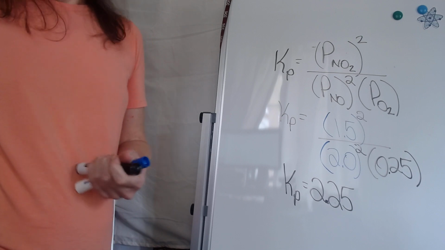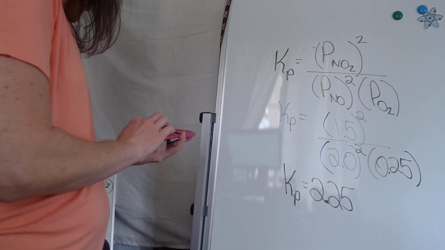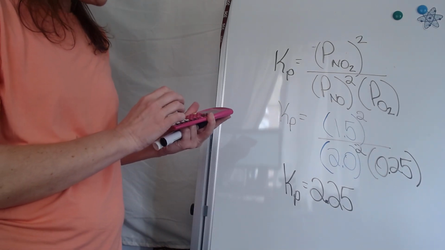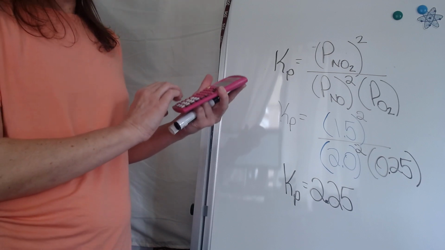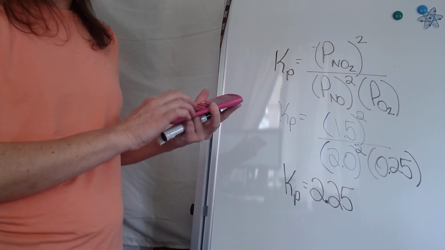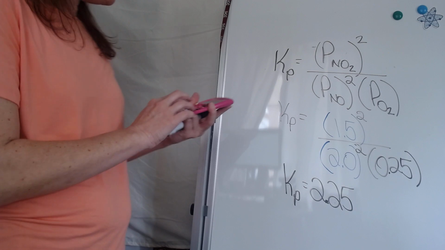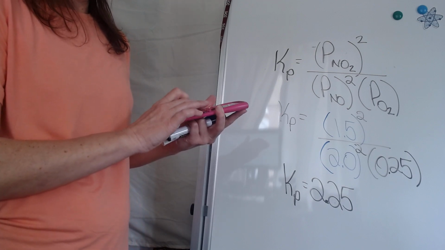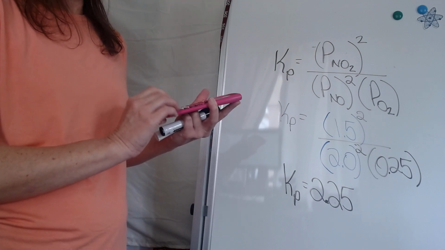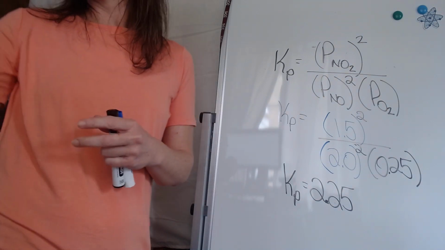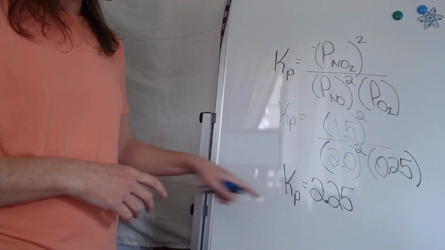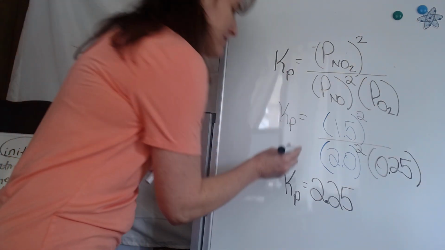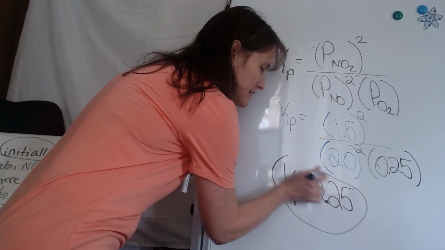Okay, so just go back and make sure. 1.5 squared divided by 2 squared divided by 0.25 equals 2.25. So I double checked the calculation again, and I got 2.25 as my K sub P.